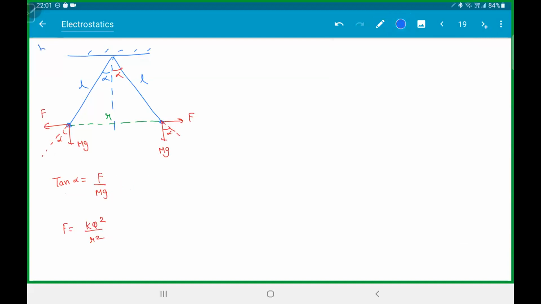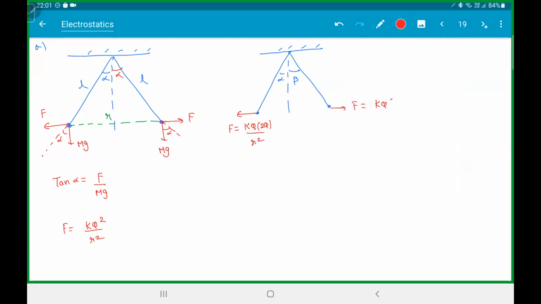Now see what happens in the B part. What most people think is that it has more charge, so there will be more repulsion. You're forgetting something. The force is the product of the charges. So this is alpha, this is beta. If you look at the forces, this will be K, Q, 2Q by R square. This also will be the same.